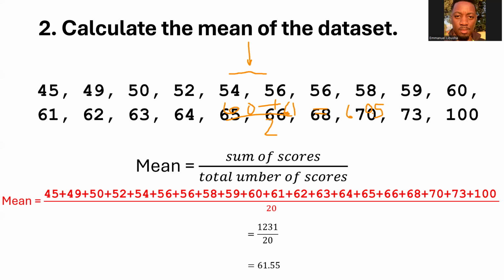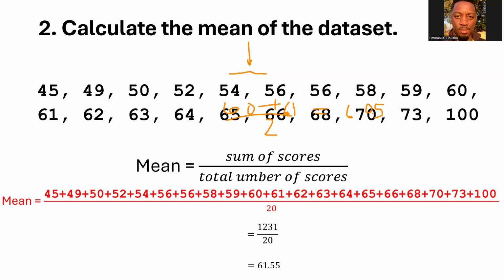The next question says find the outlier. So we found the lower quartile and the upper quartile. If you remember, we got our numbers when we were doing the calculation, right? Our median was between 60 and 61, which means the median was somewhere here, which was 60.5.